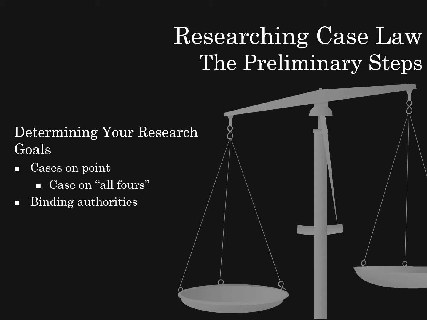Now, we want to find the perfect case on point, the case that is just like ours, so we can predict what the court's going to do. Well, the problem is very rarely do you have what would be called a case on all fours.